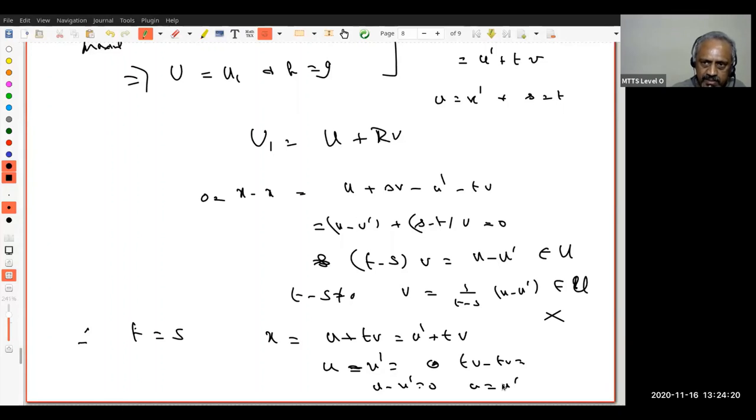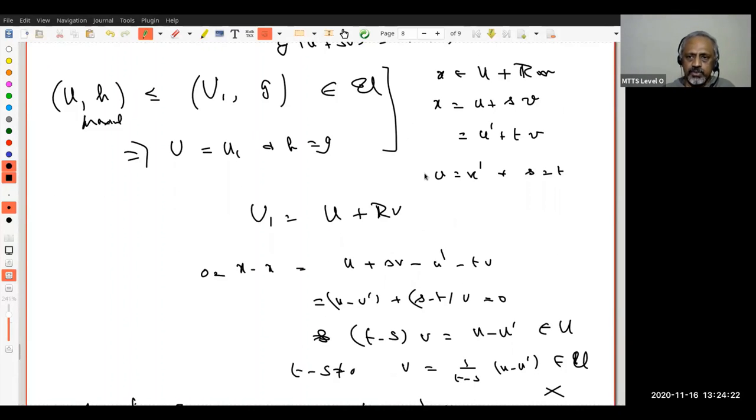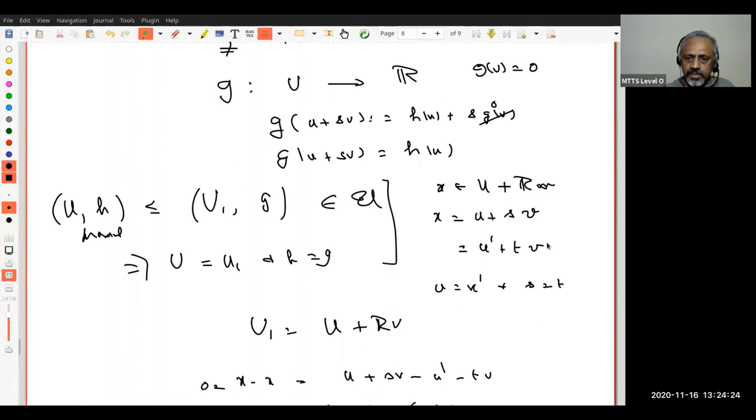You understand this? Therefore, I have shown this is well defined. And hence, I can define G of U plus SV, because any element X in U1 has a unique expression U plus SV. Therefore, G of U plus SV I define to be H of U because it has to be linear, right?